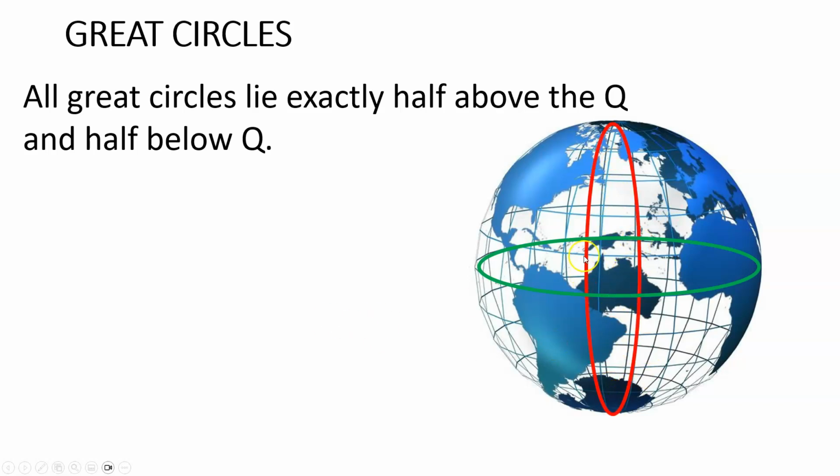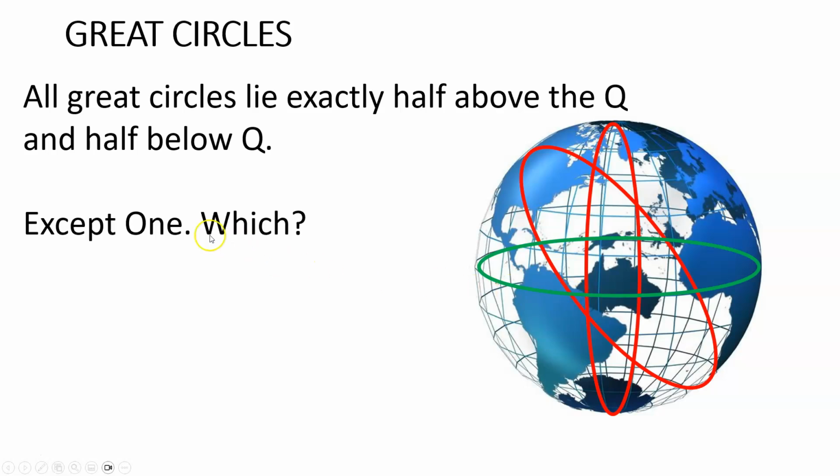If we look at this red line, this portion here is above the equator and this portion here is below the equator. And also this one that is at an angle other than the axis of the Earth, it's half above and half below. Now you might have to look at that picture a little bit to see that, but that's what's going on there.